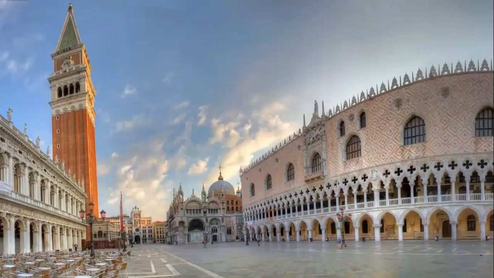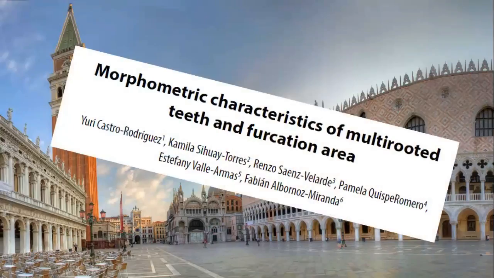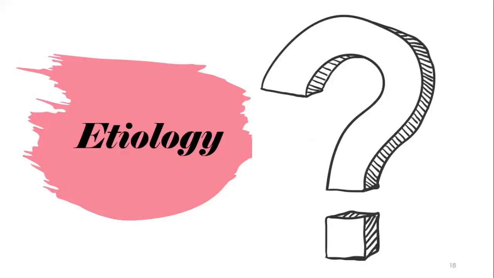From the city of San Marino, this paper was produced, in which I recommend learning more about the morphometric features of multirooted teeth. Not only dental anomalies could be the definitive causative factors of furcation involvement.